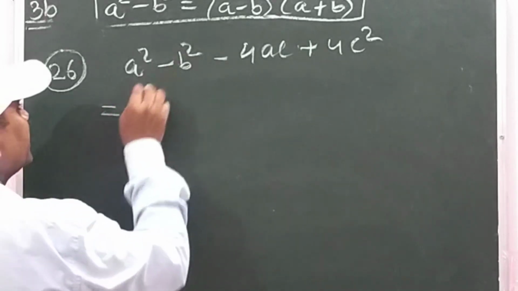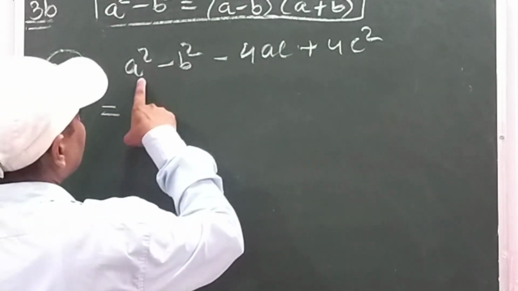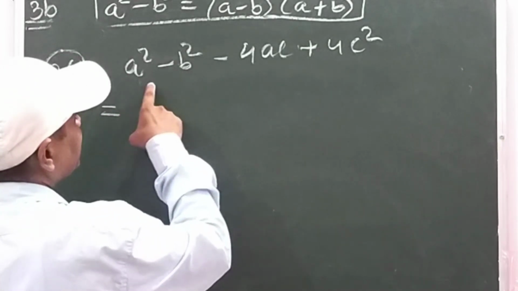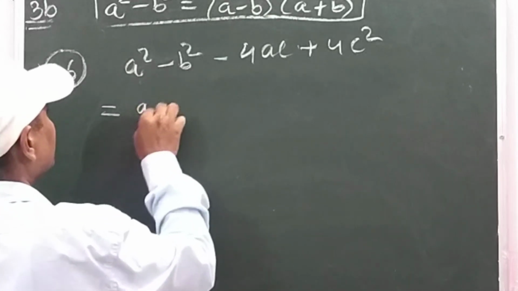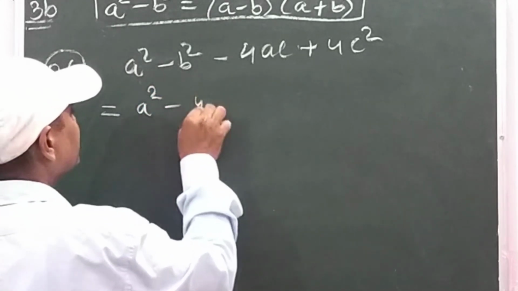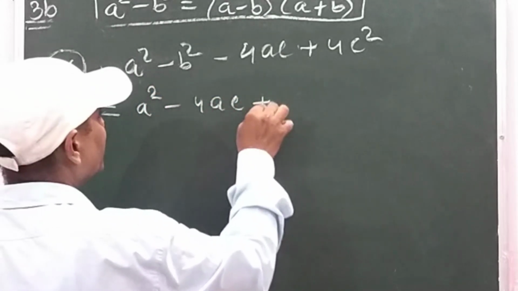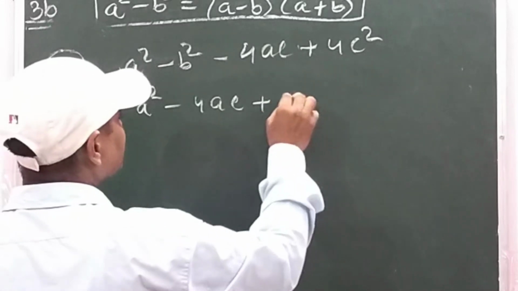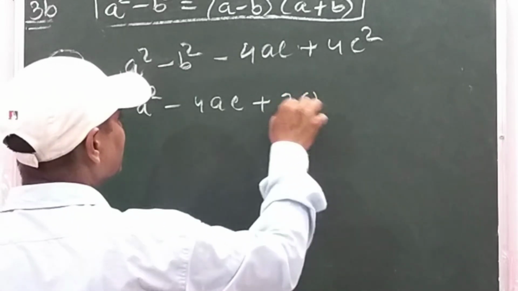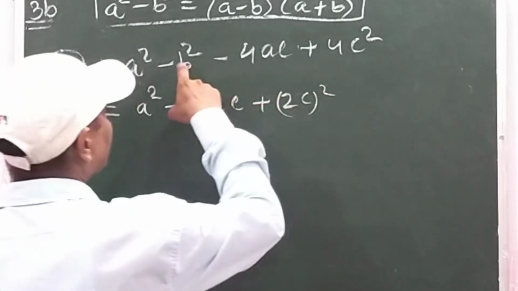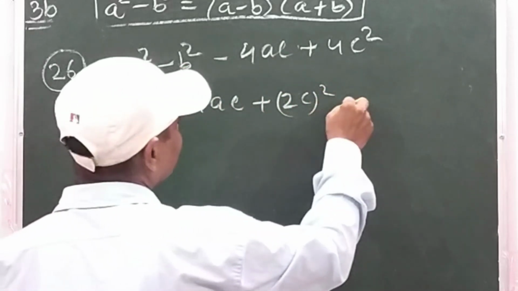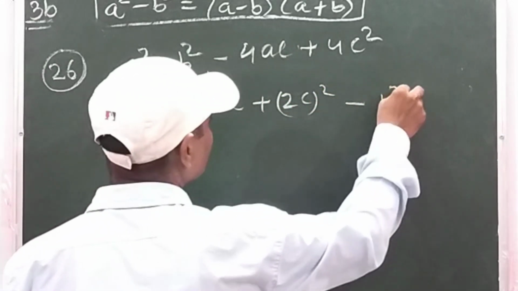So we can write here, if we see carefully, a square minus 4ac plus, this we will write as 2c whole square, and this minus b we will write last, so minus b square.